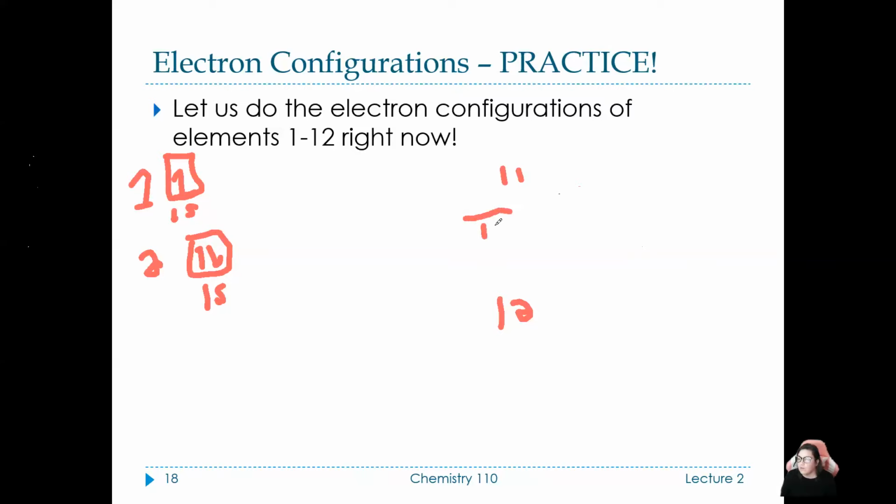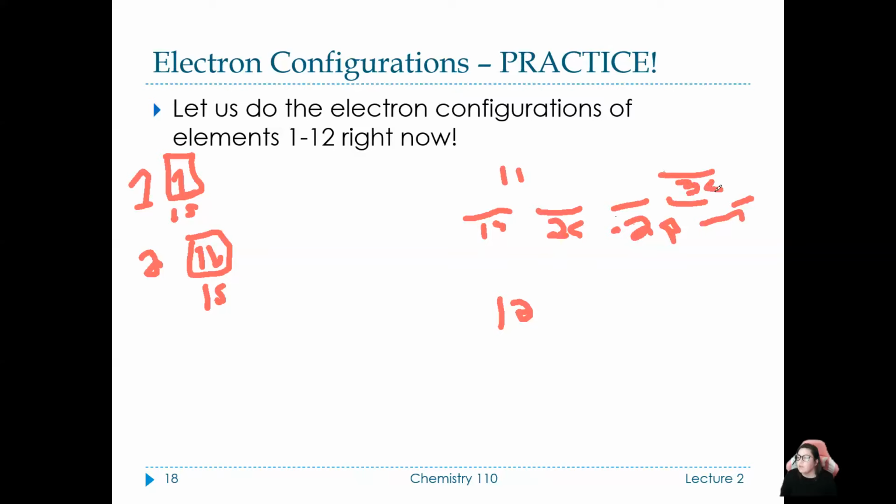So 1s, 2s, 2p, all the way over, and then 3s.